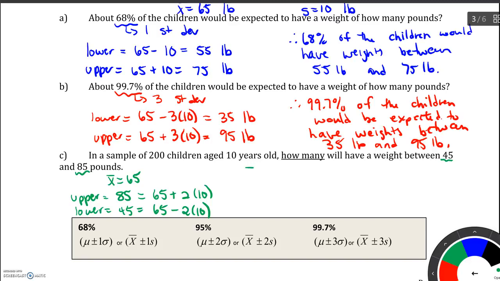So that means, since we're at the mean plus or minus 2 standard deviations on either side, 45 to 85 pounds includes 95% of the children.